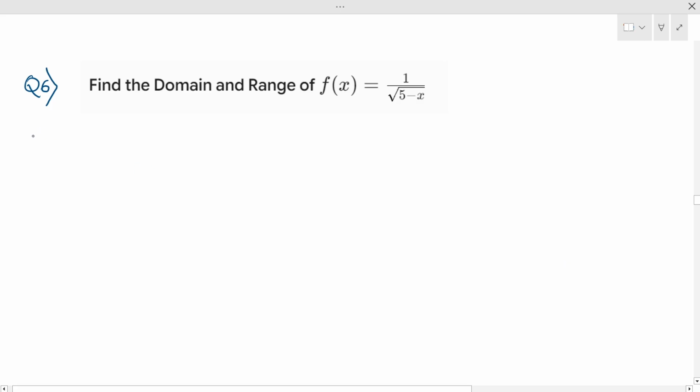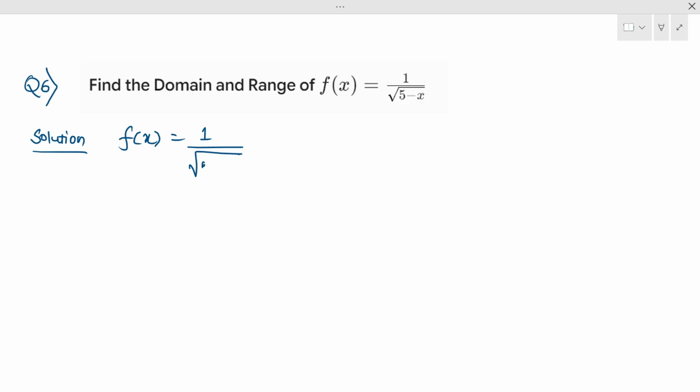So here, what are we given? We are given f(x) equals 1 upon square root of 5 minus x.